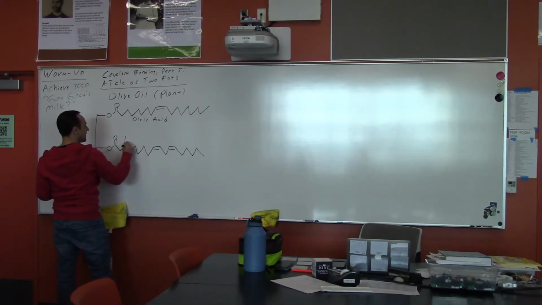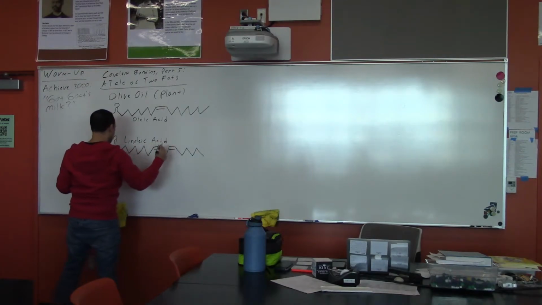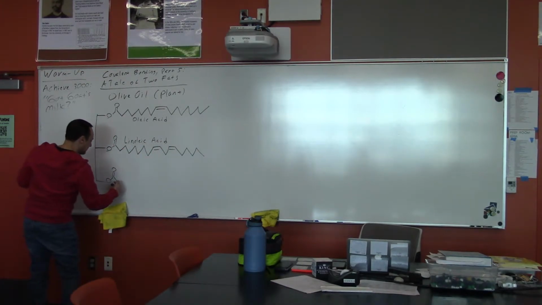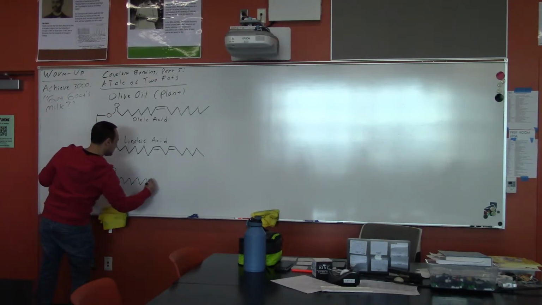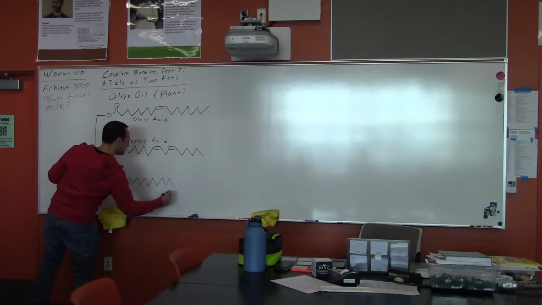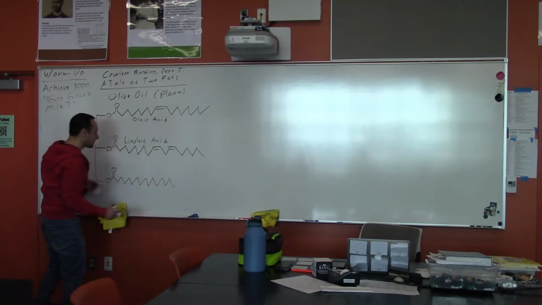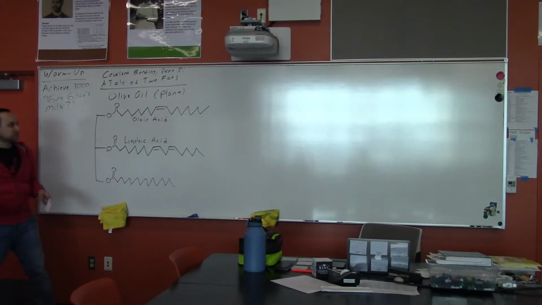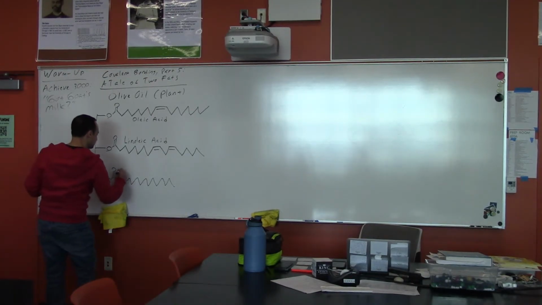This is linoleic acid. And then we have palmitic acid at the very bottom, so 2, 4, 6, 8, 10, 12, 14, 16. And again, I always count because that's really, really important. We've got to make sure we've drawn the right chemicals on the board. So this guy's palmitic acid.